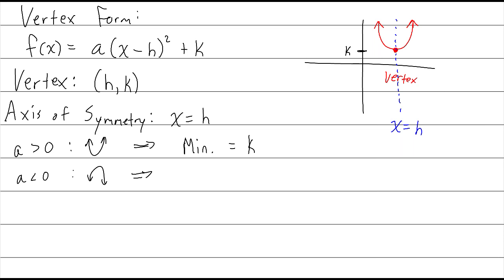If you have a negative a value, and the graph opens this way, then that point, the vertex, is now the tallest point. So that would be a maximum value that also equals k. That's a lot of information we can get just from looking at the graph, or looking at the formula for the graph. So let's do an example.